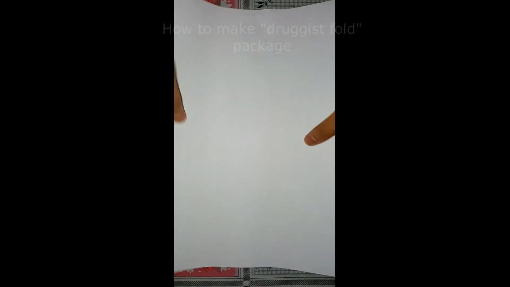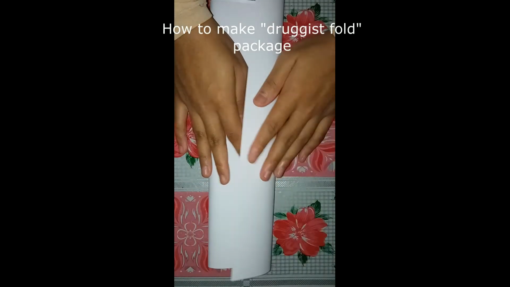Ordinary mailing envelopes should not be used as evidence containers, especially for powder or fine particles, because it will leak out of the container. Instead, package the evidence in a folded paper using what is known as a druggist fold.